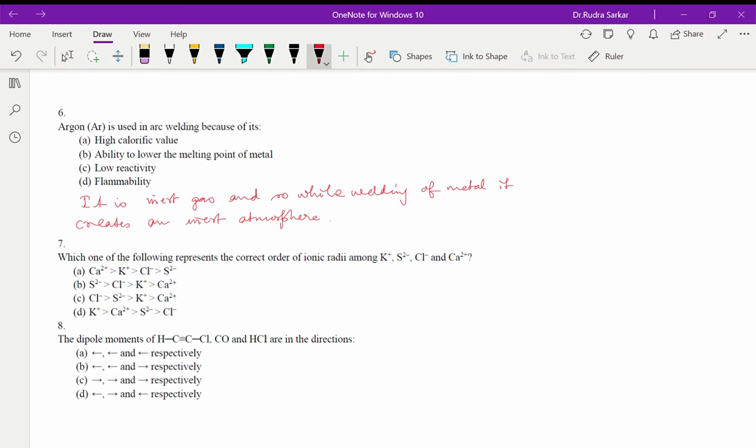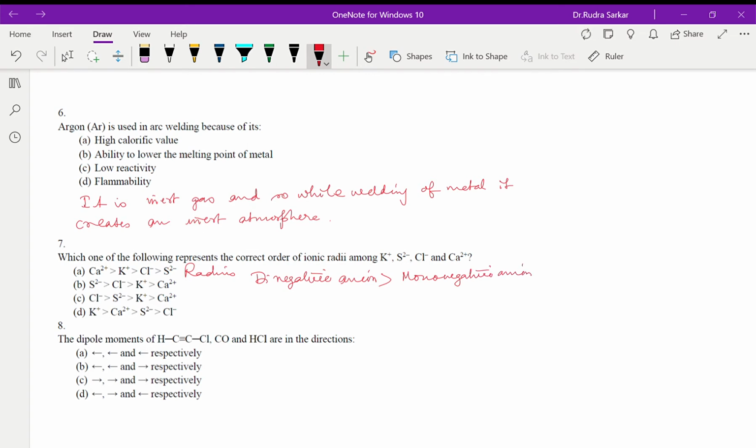Which of the following represents the correct order of ionic radii among the following? Here one should remember that the dinegative anion radius is more than mononegative anion.